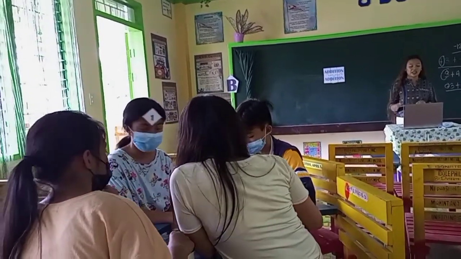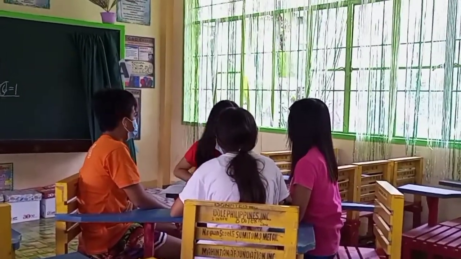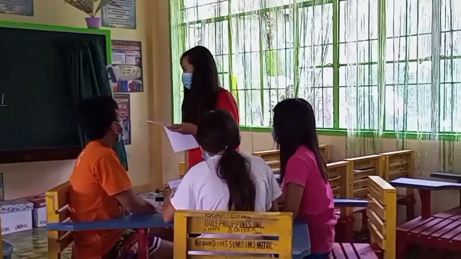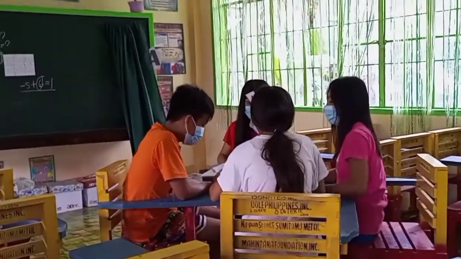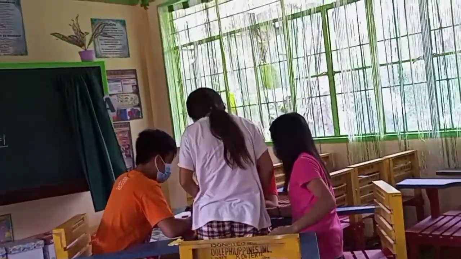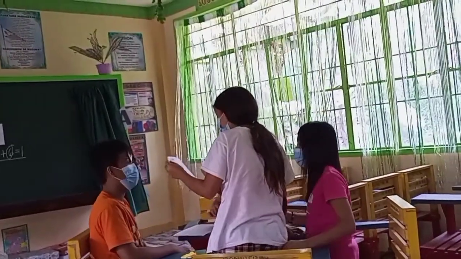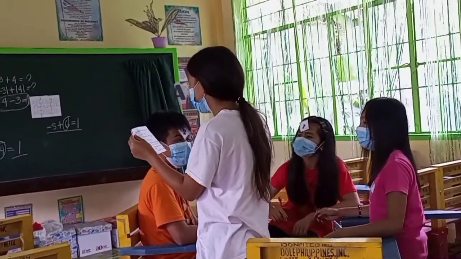Thank you so much. For the group 2, what is your answer? Negative 63 plus negative 9. Number 1, you're going to tell me what is your answer. Negative... of two negative integers is a negative integer.